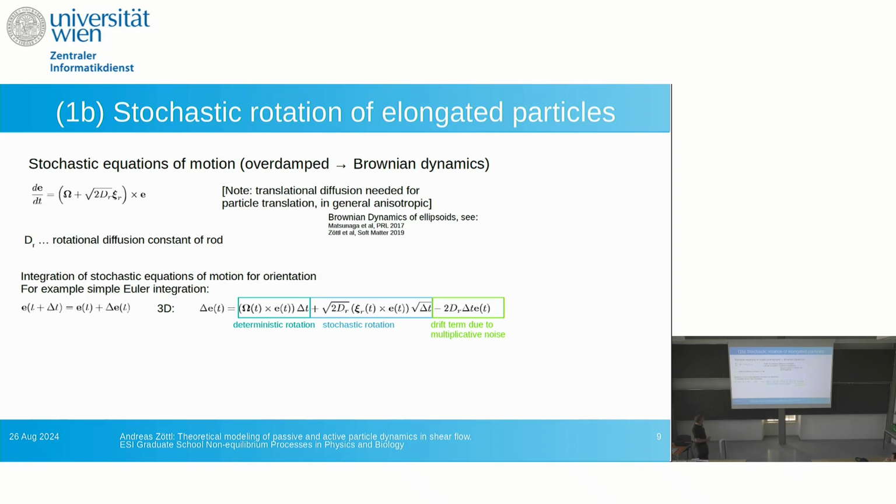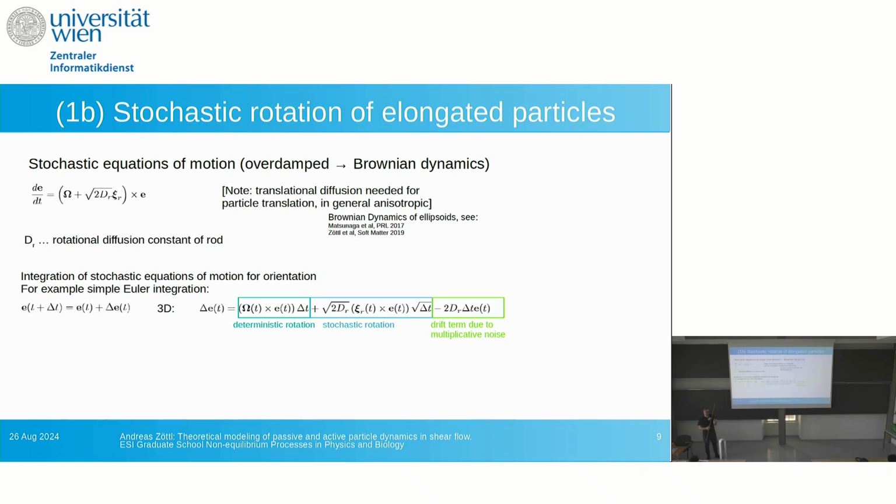This is also for an elongated particle, because this equation does not matter if it's spherical or not. Oh, it does, because Dr depends on E now. No, I mean, in principle, yes. In principle, Dr is a tensor. If it's not a sphere, it's a tensor. But if it's an axisymmetric particle, we do not consider rotational diffusion about this axis, because this is not changing the director, and it's the same in both the other directions.